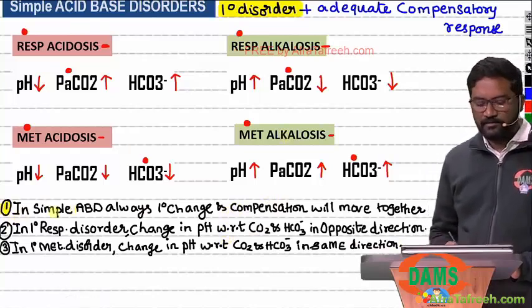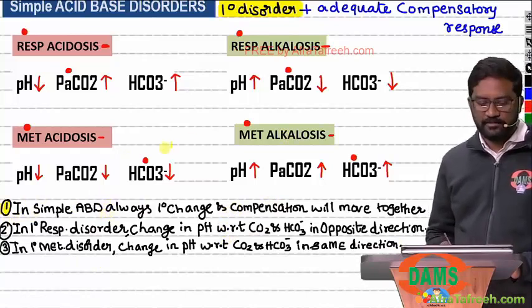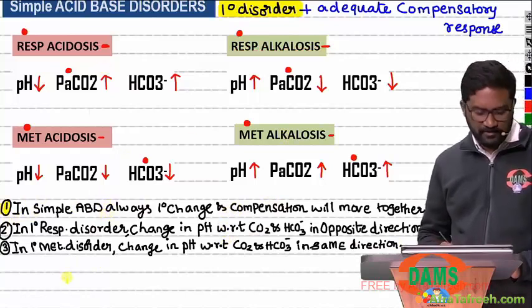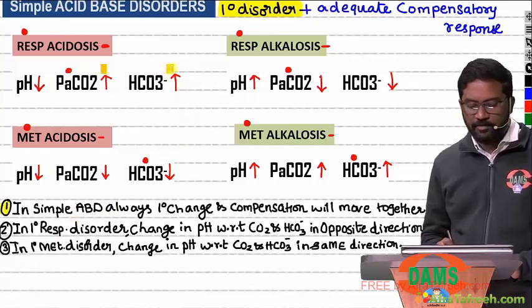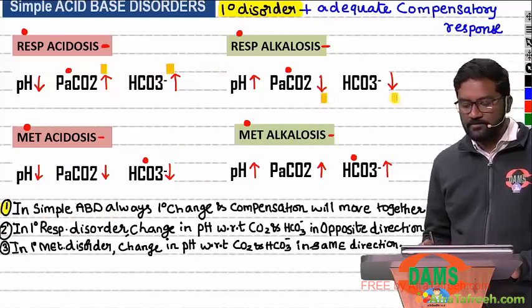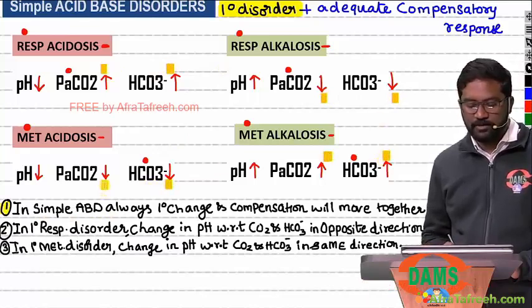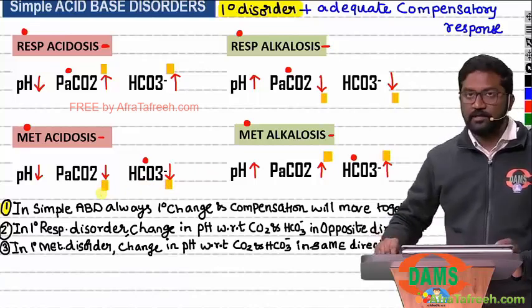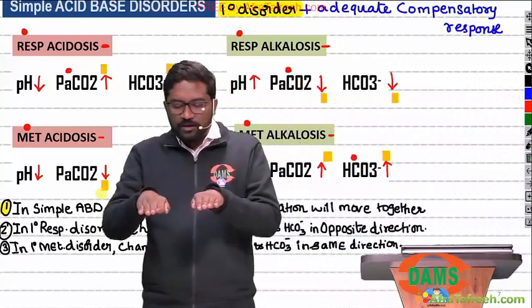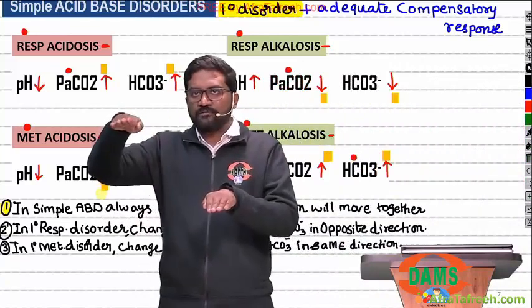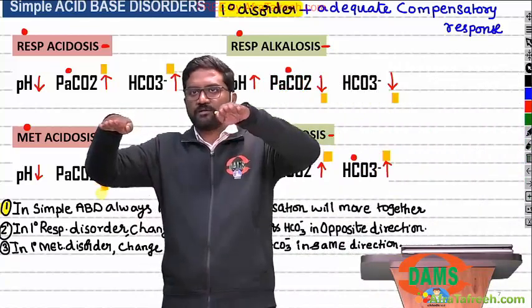The first rule mentions that in simple acid-base disorder, the primary change and compensation will always be moving together. It means if primary change is increase in CO2, compensation will be increase in bicarbonate.